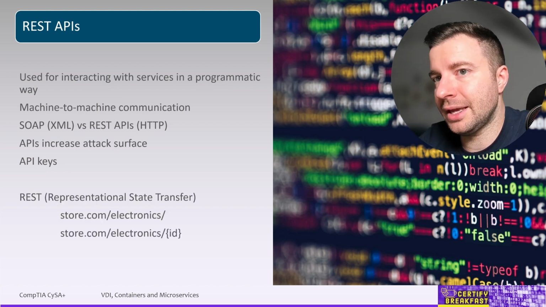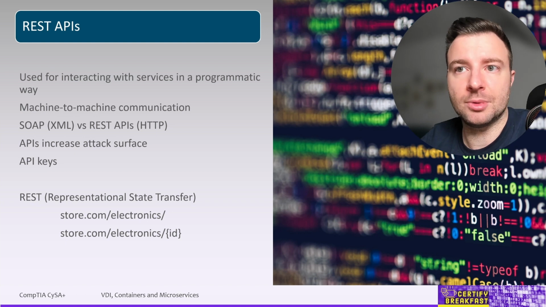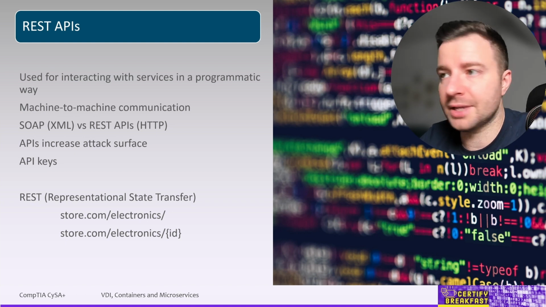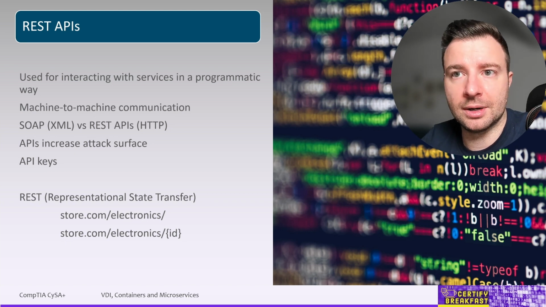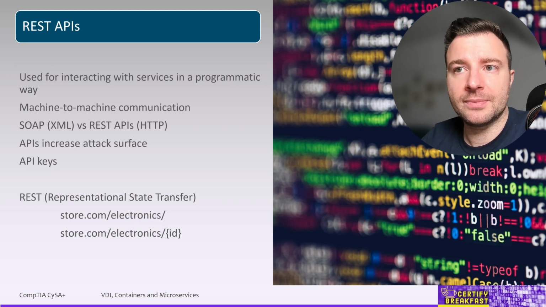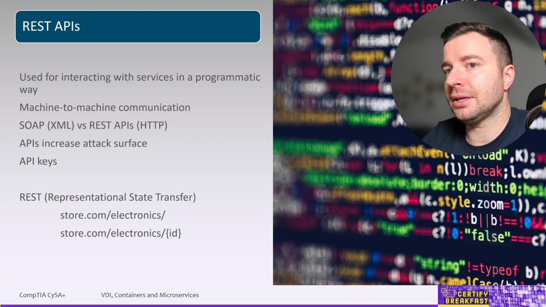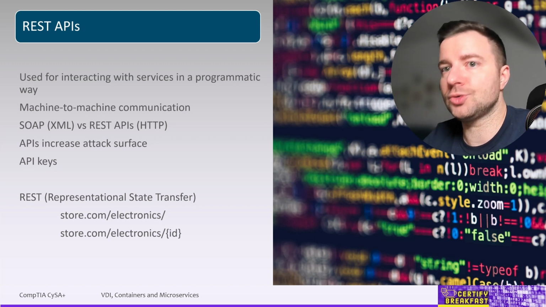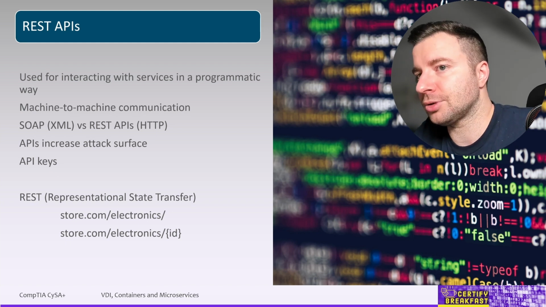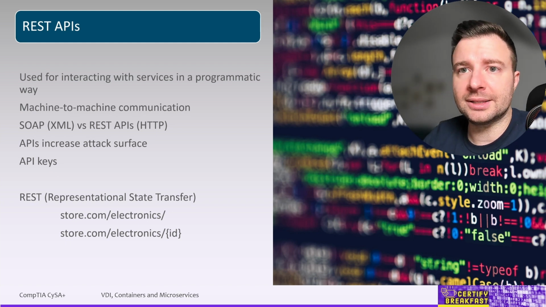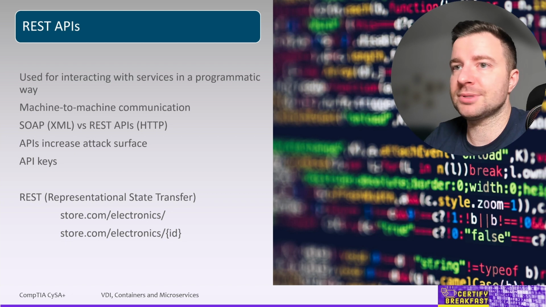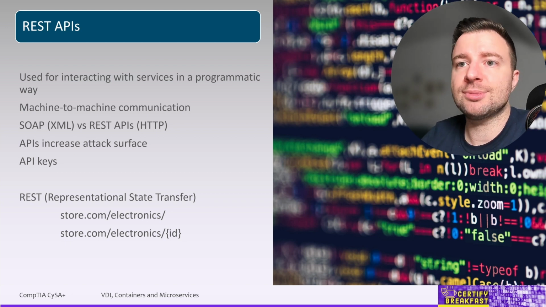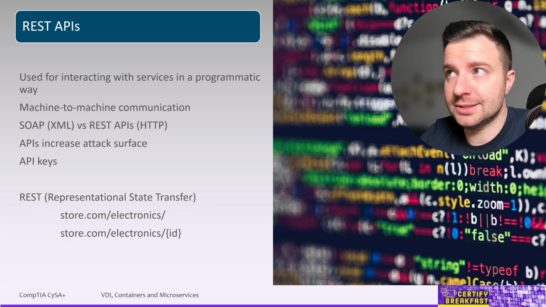So in REST, each resource should be accessible by a distinct URL, which can be accessed using HTTP verbs, GET requests, POST requests, and so on, instead of XML documents, like in SOAP. So for example, in an online shop, let's say, a URL that ends with /electronics might point to a collection of all the electronic products on the website, while a URL that ends with /electronics/ a specific ID would point to a specific unique product by its numerical ID.